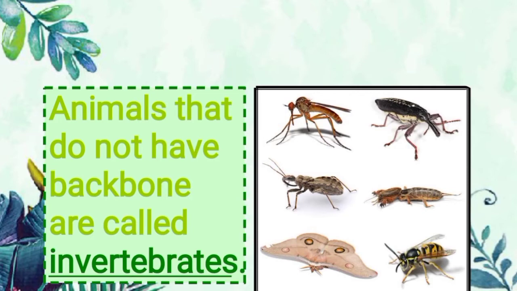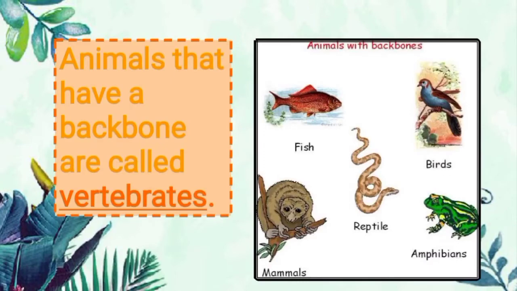Insects have 6 legs and their body is divided into 3 parts: head, thorax and abdomen. Most insects have a hard outer covering made up of a material called chitin. A few insects such as mosquitoes and butterflies can fly.